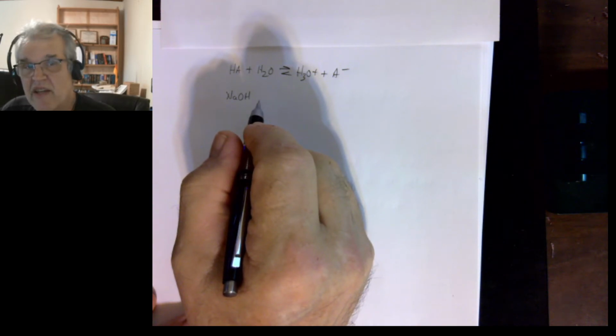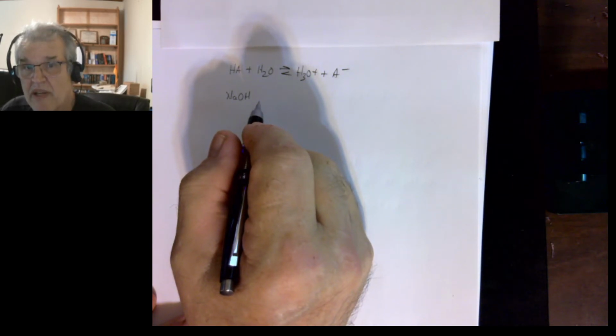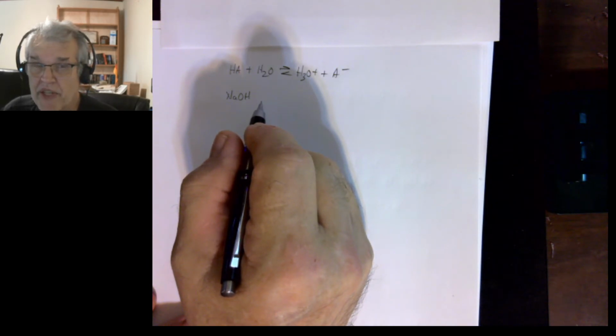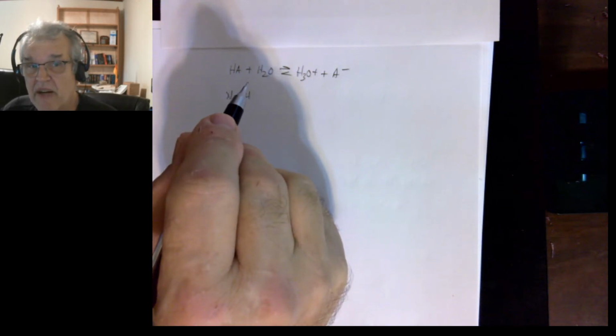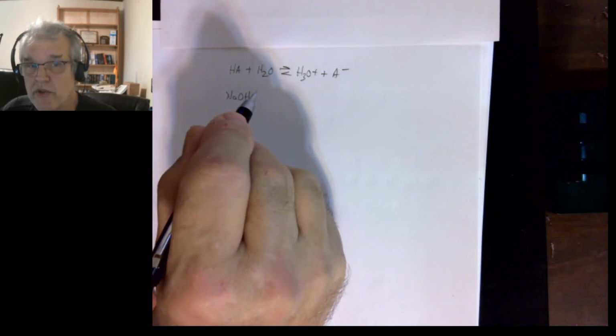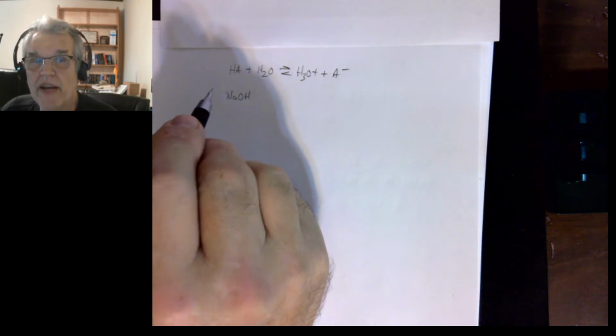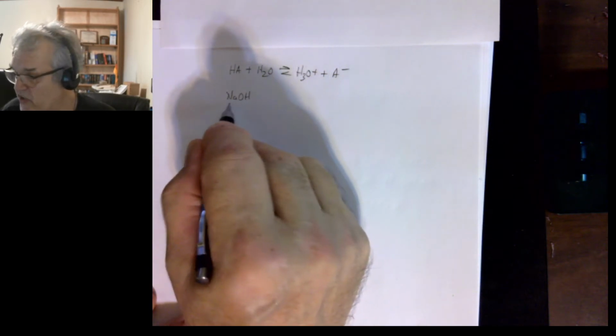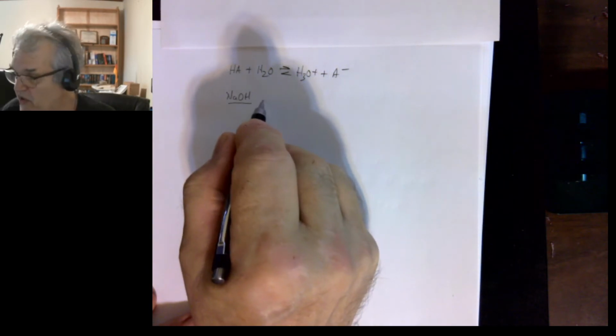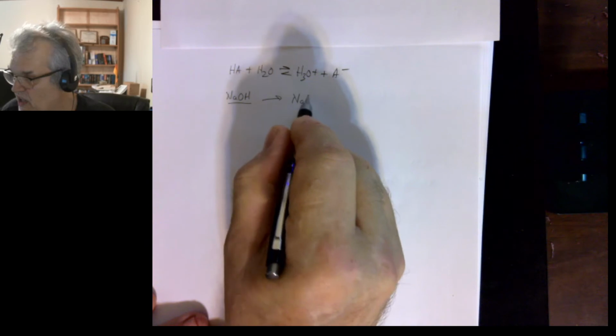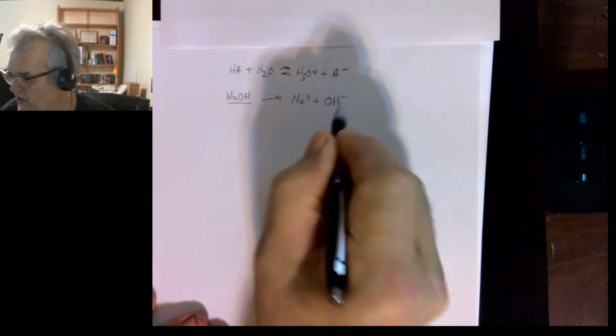NaOH is an ionic compound, and I think I've done this before. If I haven't, you've got to do it now. Your mantra is ionic compounds go into aqueous solutions as their ions. What goes into solution is not sodium hydroxide, it's sodium plus hydroxide.